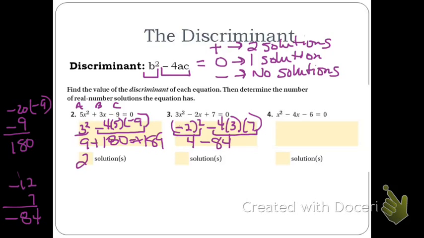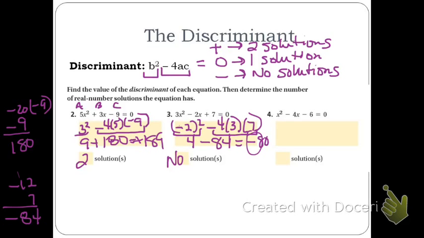Now I have 4 minus 84, or positive 4 and negative 84. 84 is bigger, so that means our bigger sign is negative. I could solve this all the way out, which is negative 80 because you'd have to subtract, but all I care about is the fact that this is a negative solution. So therefore, there are no solutions to that quadratic.